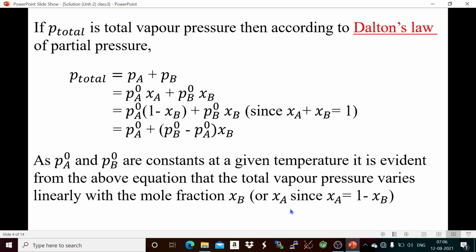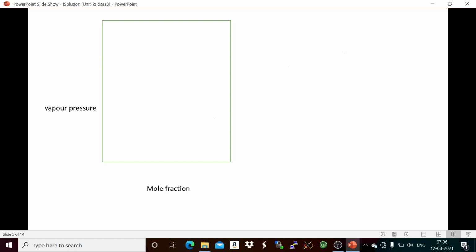Okay, so if we represent this graphically, if we draw a graph, vapor pressure versus mole fraction, x axis mole fraction, y axis vapor pressure, and we consider two ends. Now here XA, mole fraction of component A, is 1, so obviously mole fraction of component B is 0, because summation of mole fraction is 1.